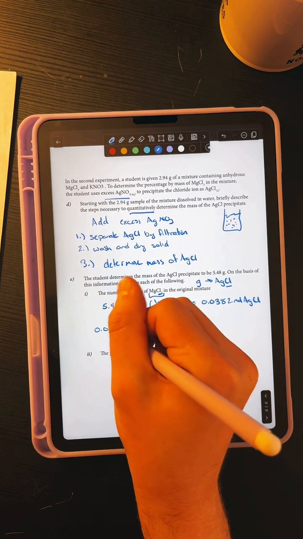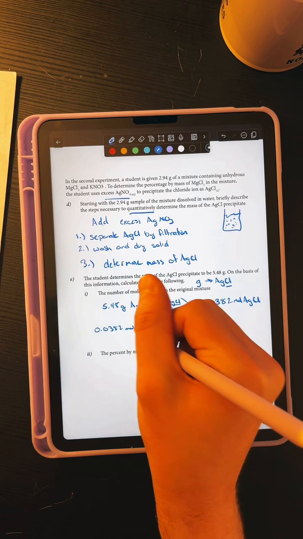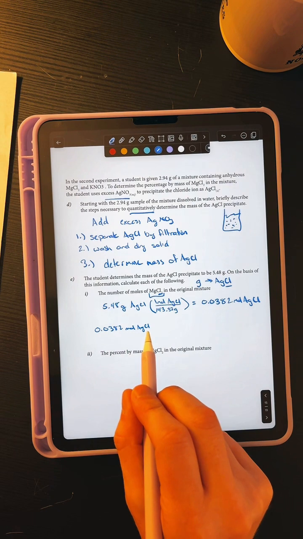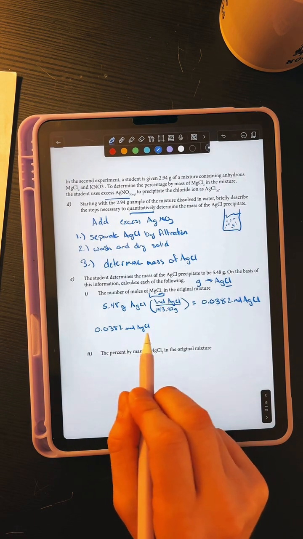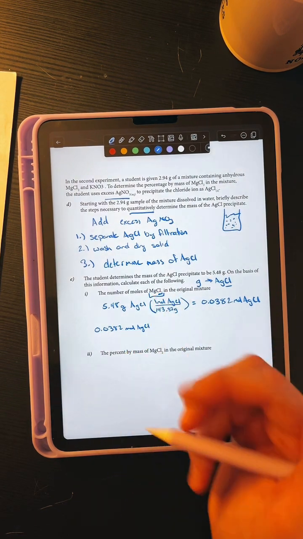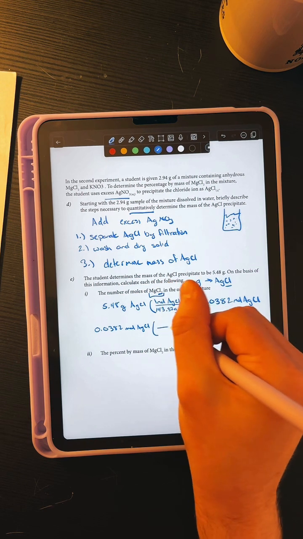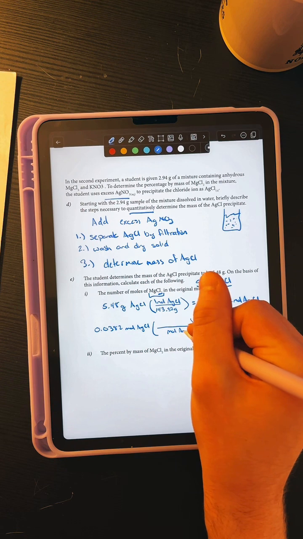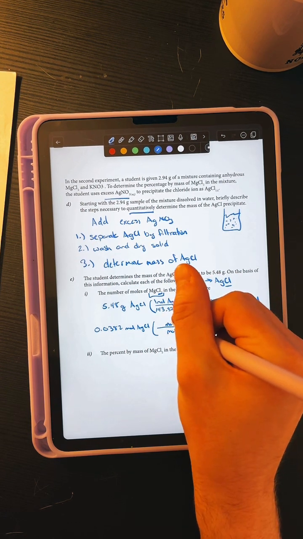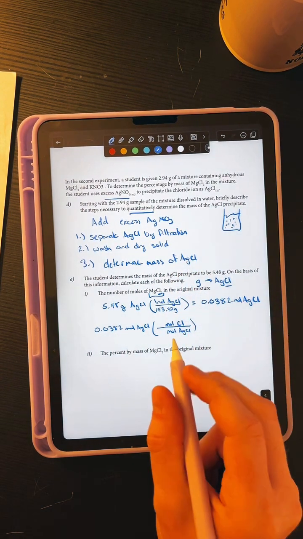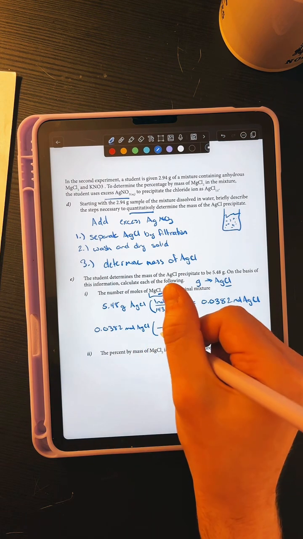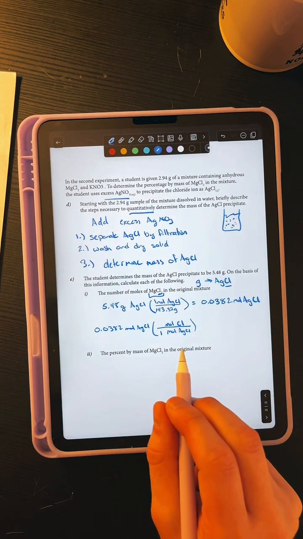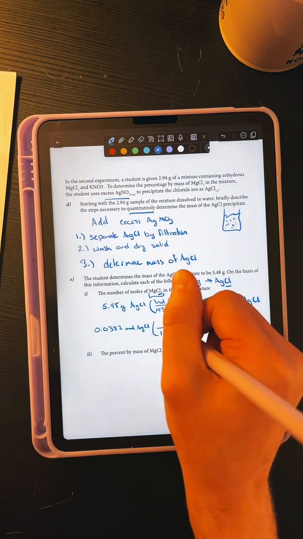We have 0.0382 moles of silver chloride, but we want to be in something that can connect both the silver chloride and the magnesium chloride, and that is chlorine. We no longer want to be in moles of AgCl. We want to be in moles of chlorine. If we had 1 mole of AgCl, how many chlorines do we have?